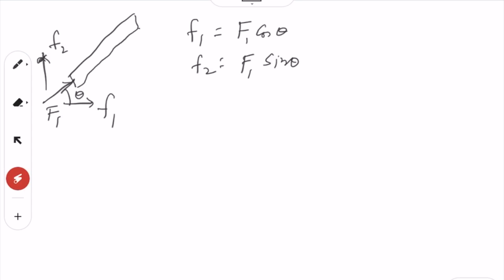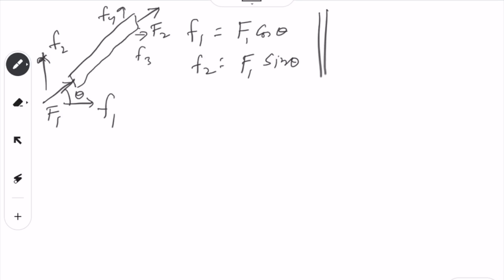A similar thing holds at this end. Here you have F2, and there are two components, F3 and F4. You can also write F3 is equal to F2 cos theta, and F4 is equal to F2 sin theta.